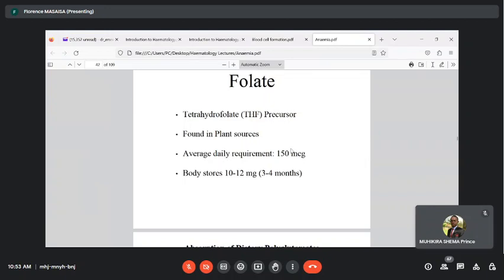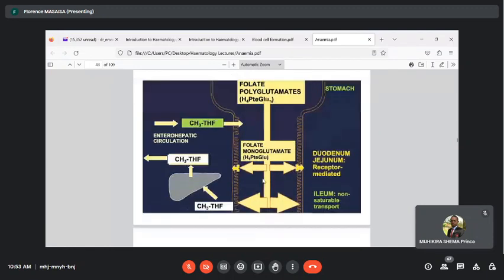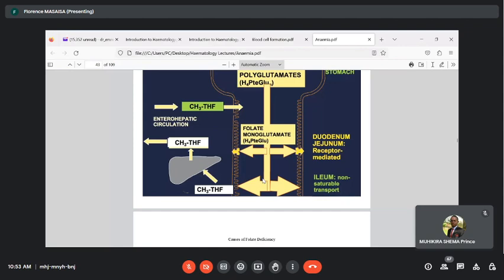Their storage is about 10 to 12 milligrams, which may protect someone up to 4 months. The absorption is usually in the jejunum, where they're absorbed.